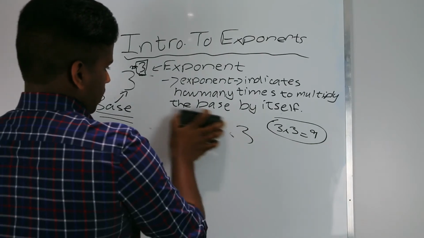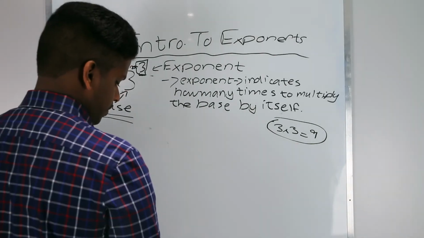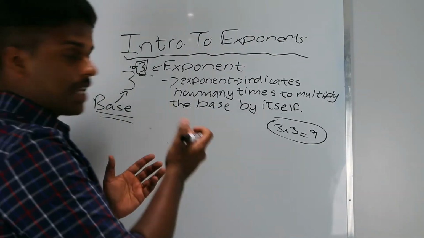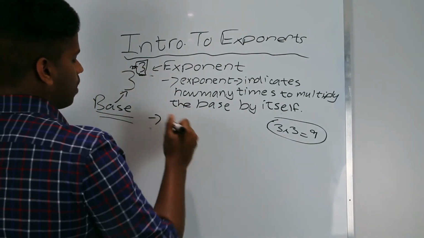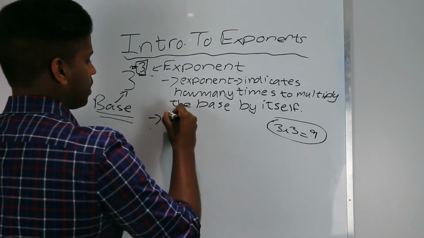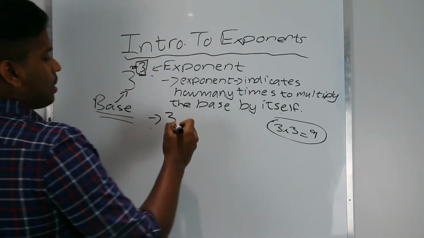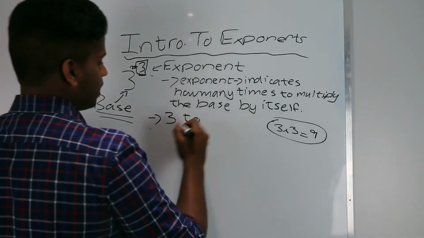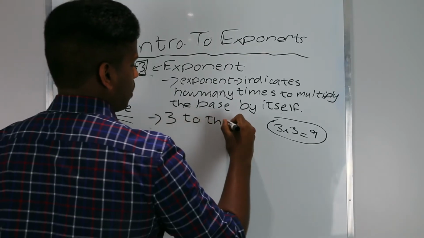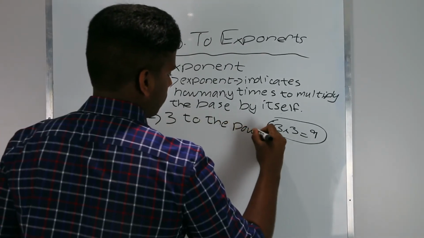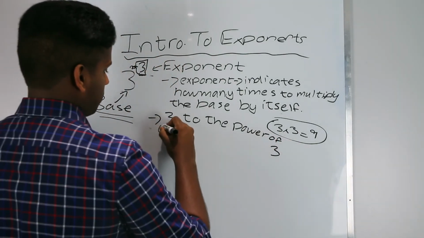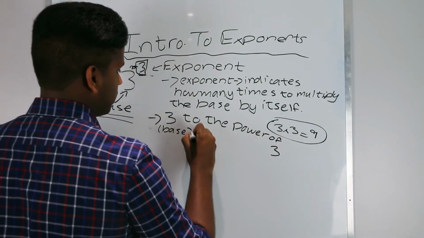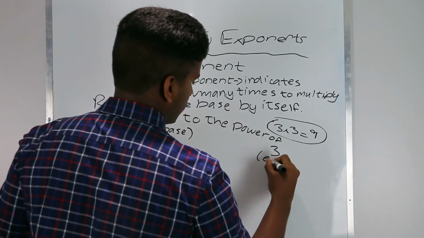Let me give you another thing. How would we say this? There are a few ways I know. For this example, we'd say 3 to the power of 3, so, in brackets, the base to the power of the exponent.